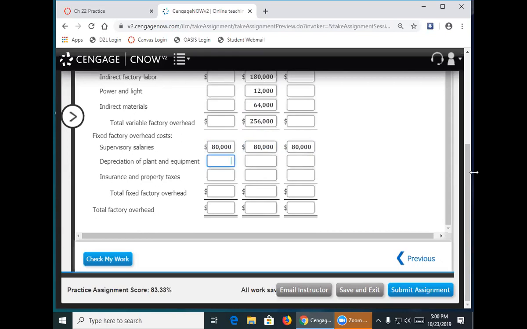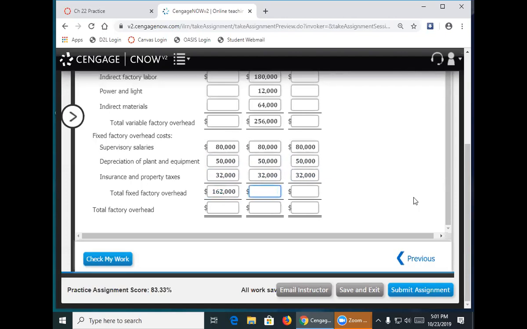Depreciation is 50,000 across the board. Insurance is 32,000 all the way across. And our total fixed is 162,000 at any level.